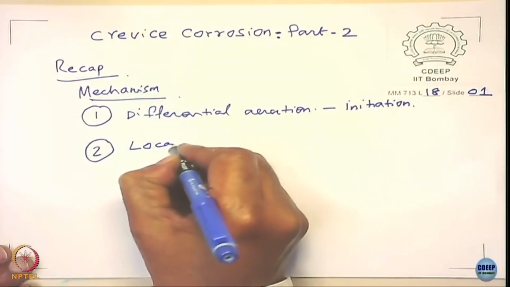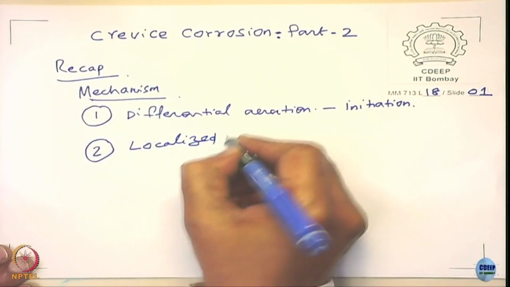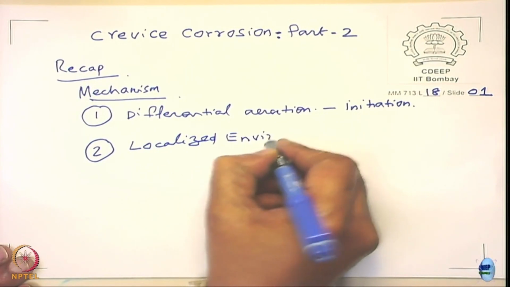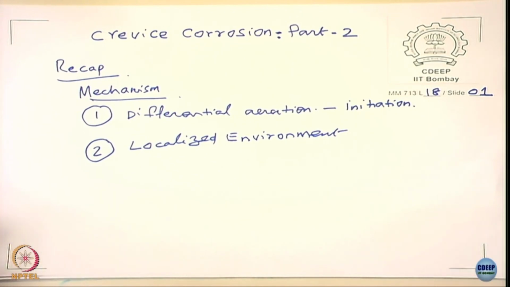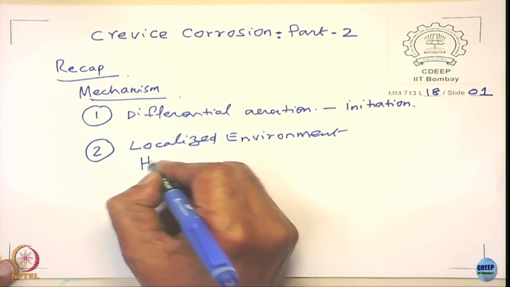When the corrosion proceeds, the crevice establishes its own environment, different from what you find externally. So it is a localized environment. If you browse through your notes, you will see that. In the crevice, what is happening over a time period? It creates an acidic environment.